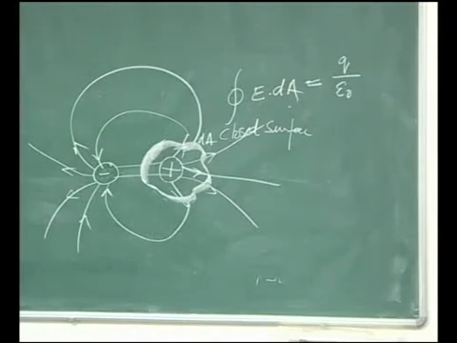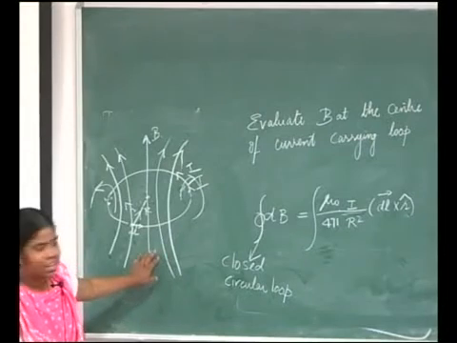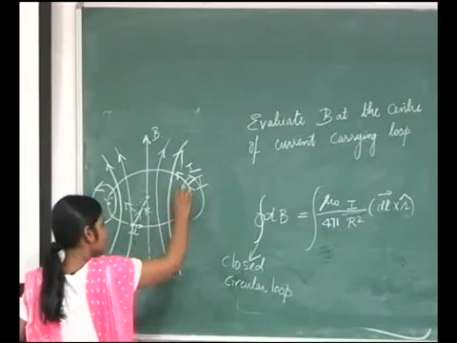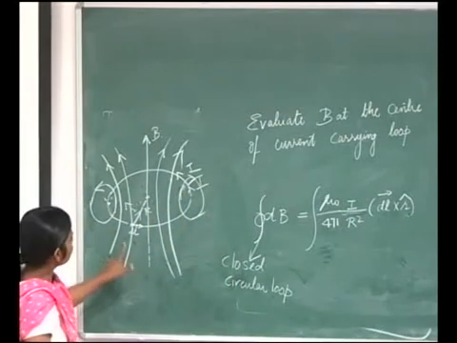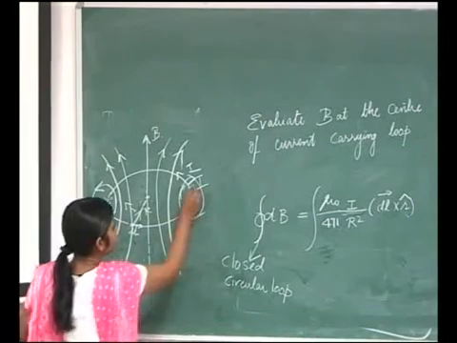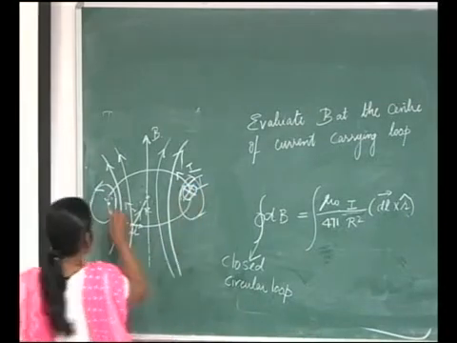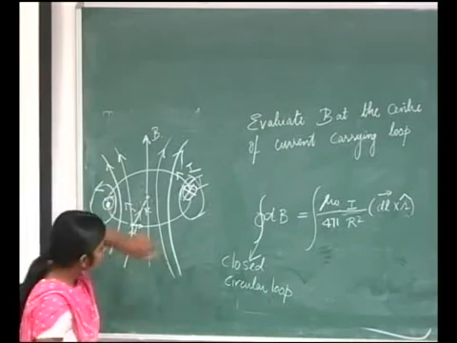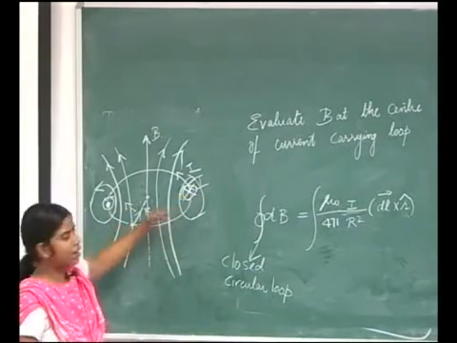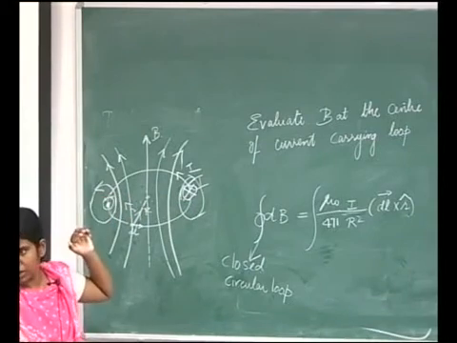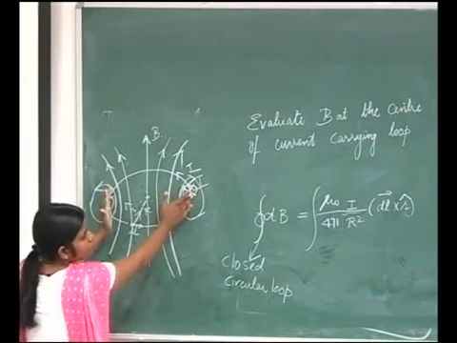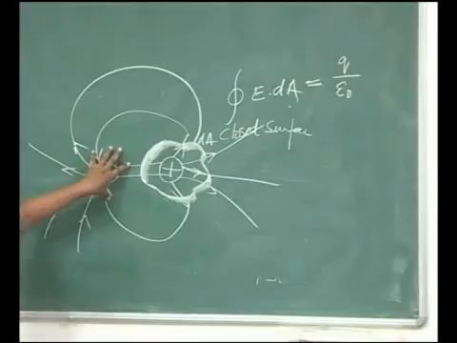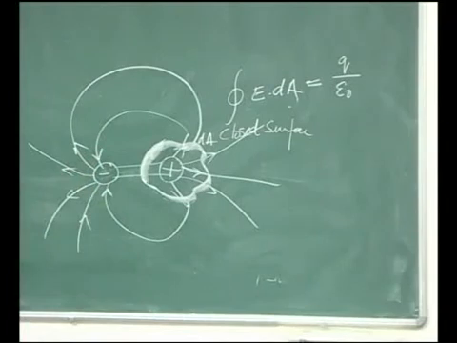But on the other hand, let me complete this loop here. So, the current here is going into the board and here it is coming out of the board. If I look at these points, the field patterns are very similar to the electric dipole field patterns in electric field.